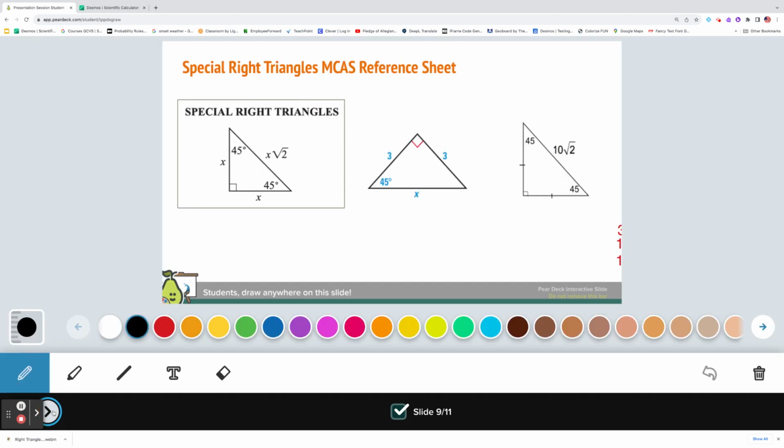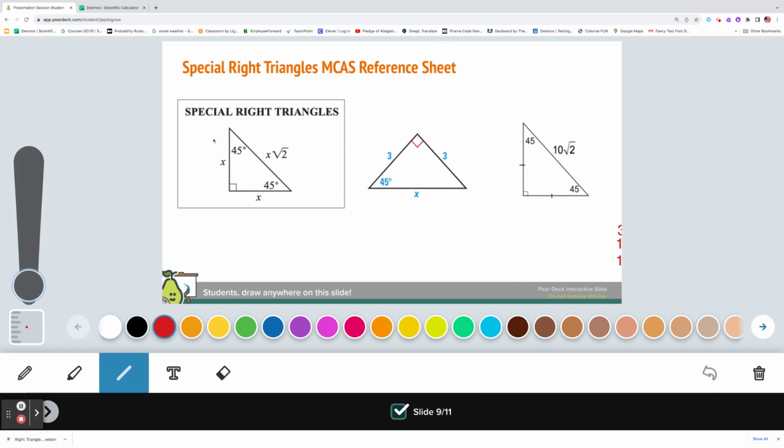Now let's take a look at an example where we apply this. First, the 45, 45, 90 special right triangle. Most reference sheets will give you something like this, a diagram, to help you remember that in a 45, 45, 90 right triangle, the hypotenuse is going to be the leg length times the square root of 2.